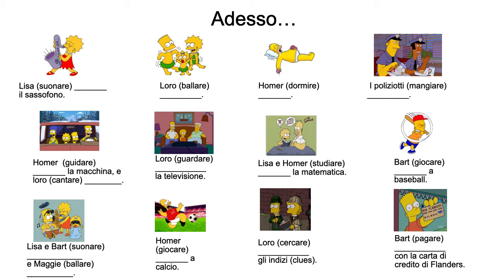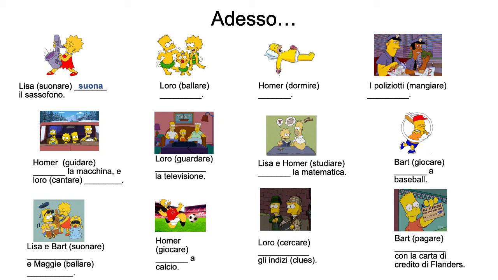For example, Lisa suonare il sassofono. I need the right form of suonare here, right? Who is the subject? Lisa, right? So I would need the lei form because it's she, right? I get rid of the are, right? And then I insert a because that's the right ending for lei for are verbs. So Lisa suona il sassofono.